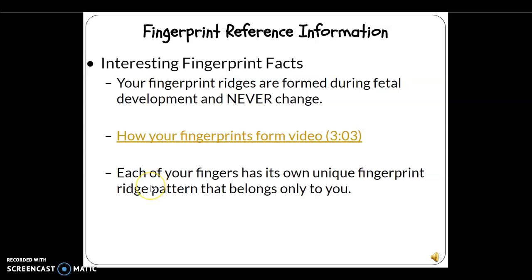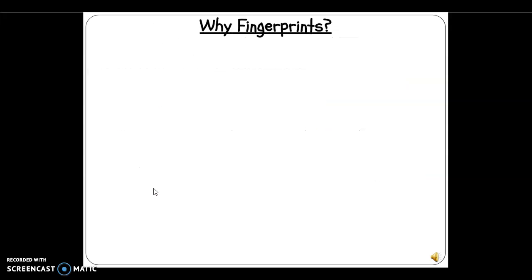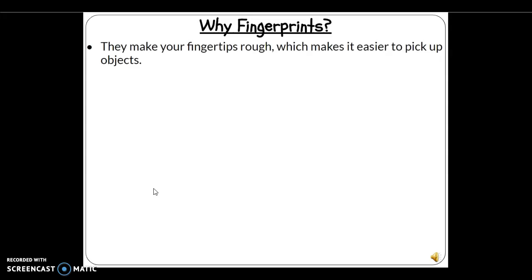Each one of your fingers has its own unique fingerprint ridge pattern that belongs only to you. No one else, not even your twin, has it. It's very unique to every single finger.